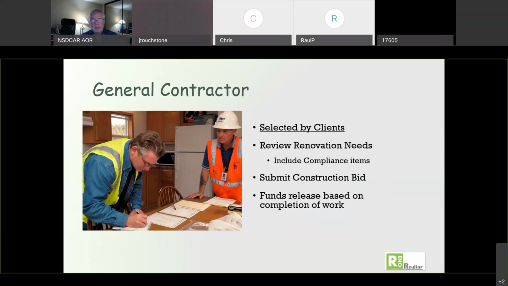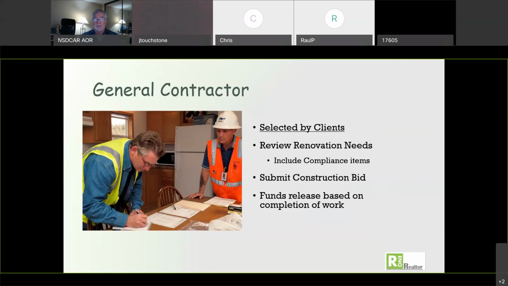And again, as I mentioned previously, funds are released based off of completion of work. So as the contractor does the demolition and starts some of the foundation work, they want to get reimbursed. They contact me. I go out and verify that demolition is done. We will release 100% of the funds for the demolition.